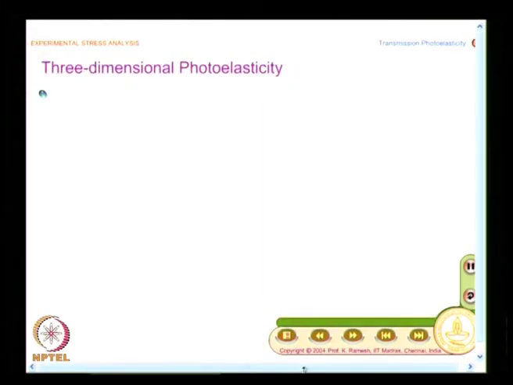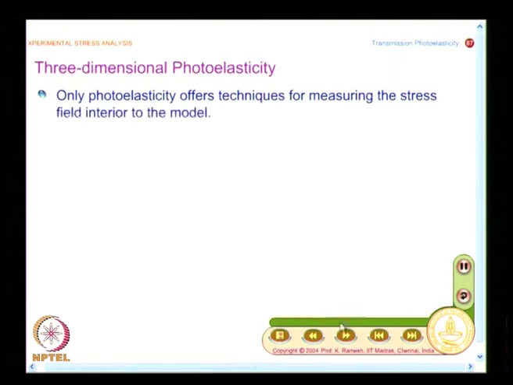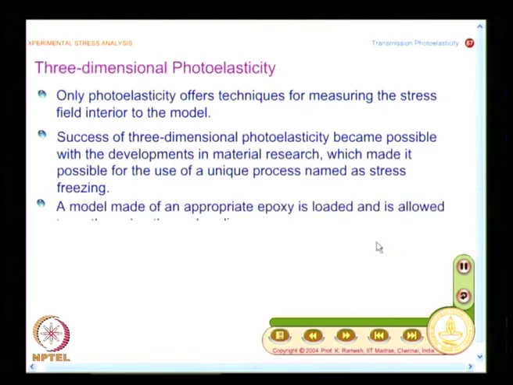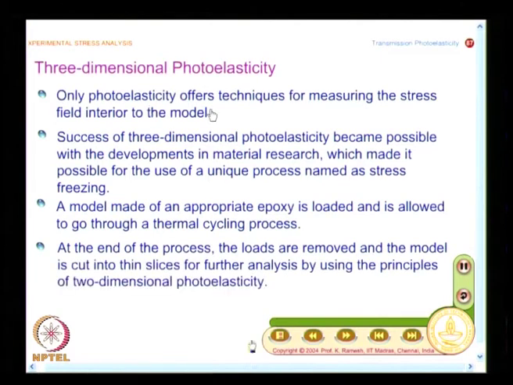So, now we will look at the method of stress freezing and slicing. We have emphasized earlier also that only photoelasticity offers techniques for measuring the stress field interior to the model. That is one of its advantages, and this was possible because of a unique process named stress freezing.